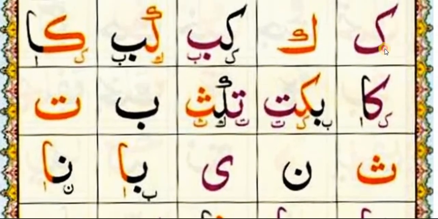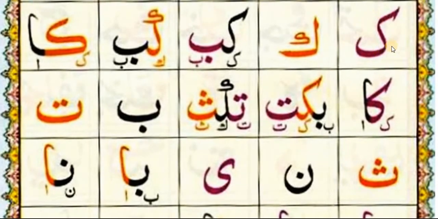Our first letter is Kaf. And next is again Kaf. Both are kaf because kaf has two shapes.